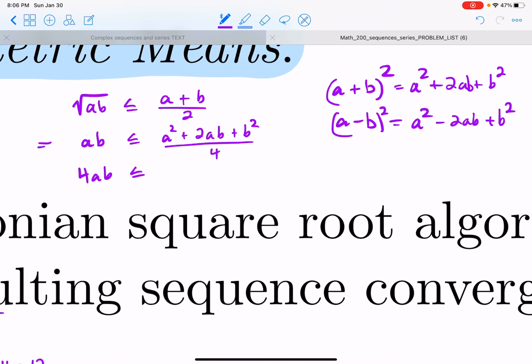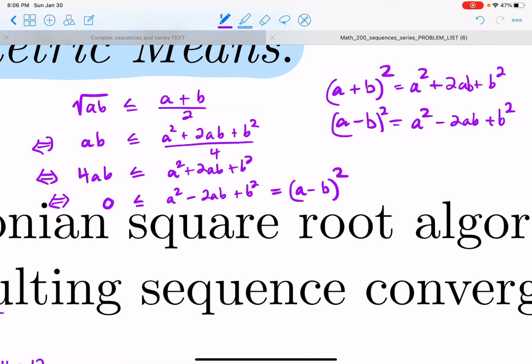In other words, these are all if and only ifs. And if we subtract, this inequality is true if and only if 0 is less than or equal to a squared minus 2ab plus b squared. The plus 2 got a minus 4 and became a minus 2. And now we just recognize that this is (a minus b) squared.